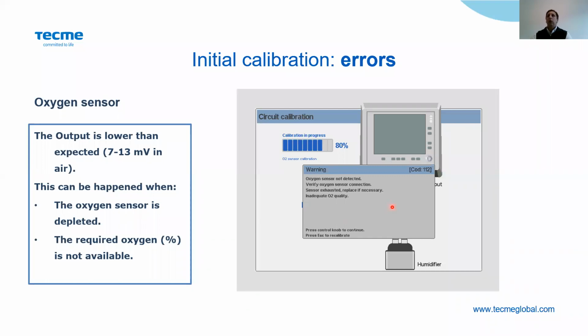If the oxygen quality is good enough, the machine will deliver the oxygen concentration properly to the patient, but as the cell is not there, we are not going to be able to check whether the oxygen is properly delivered or not. So we always recommend using the oxygen cell in order to guarantee that we provide good quality oxygen and that the machine is delivering the FiO2 properly.